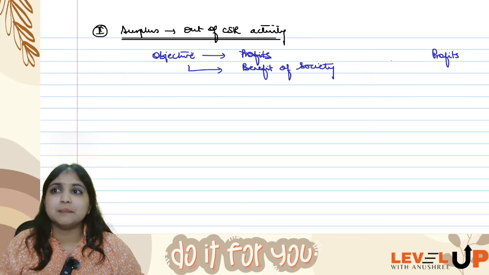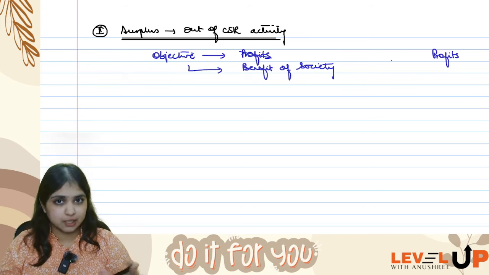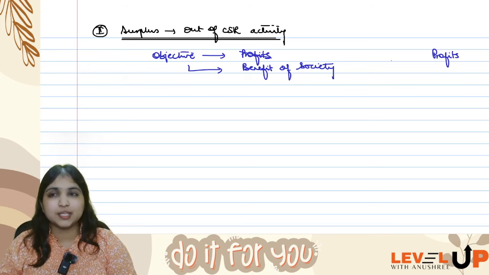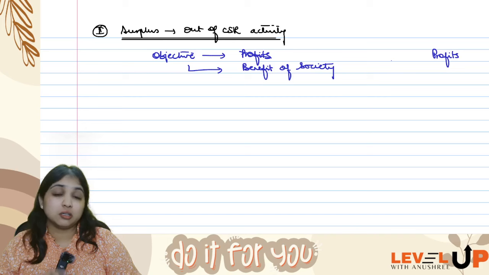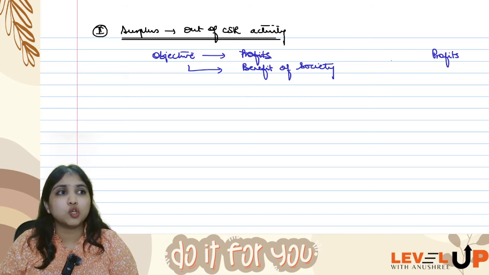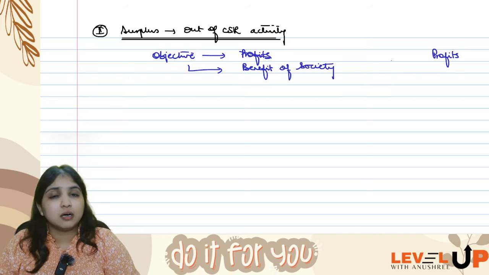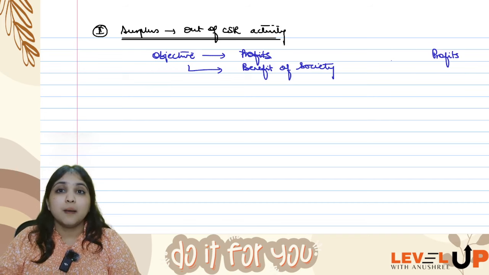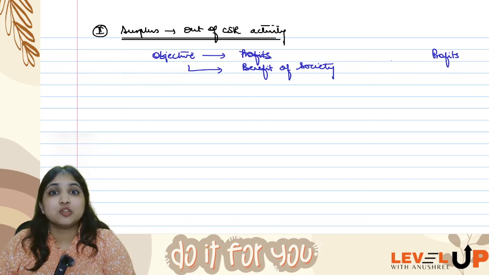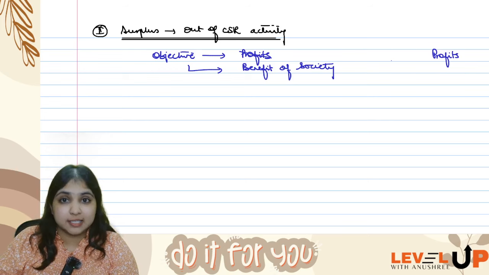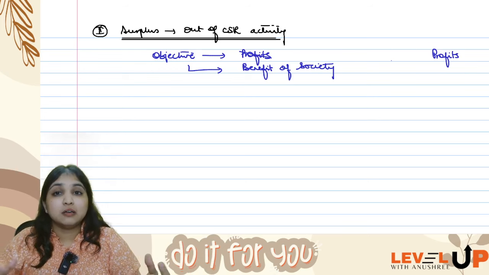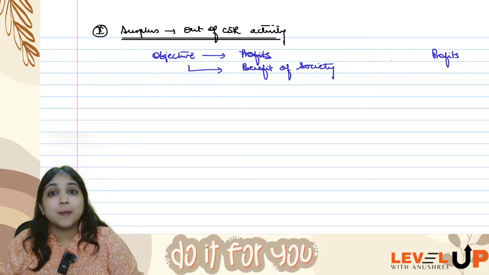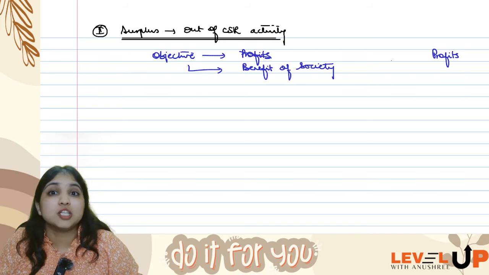Like, let us say the company decided to construct one hospital as a part of its CSR activity, and the company decided that through this hospital, the company will charge a very low amount of fees for getting doctor consultations. But however, the response was so good because it was the only hospital in that particular village. So many patients came to that hospital that the total fee collected was much more than the expenses of the company.